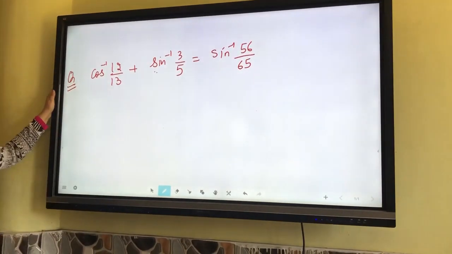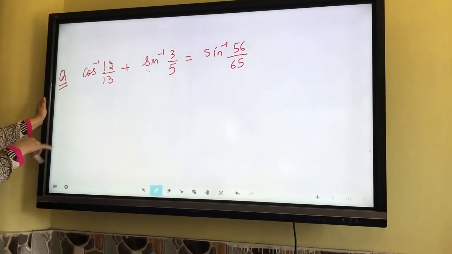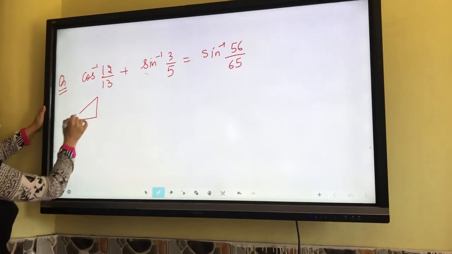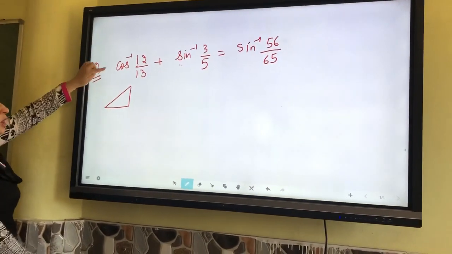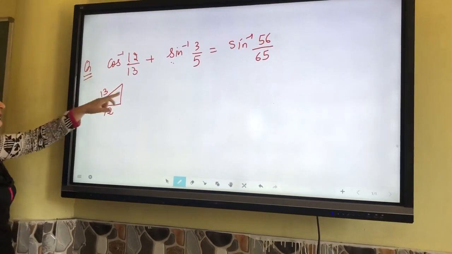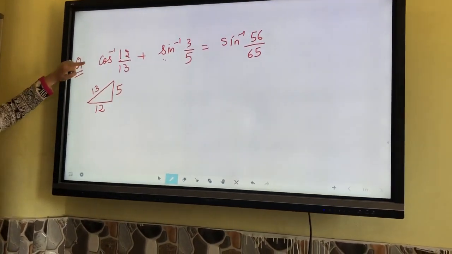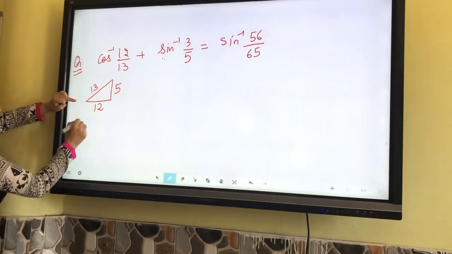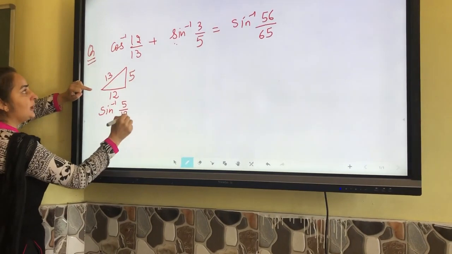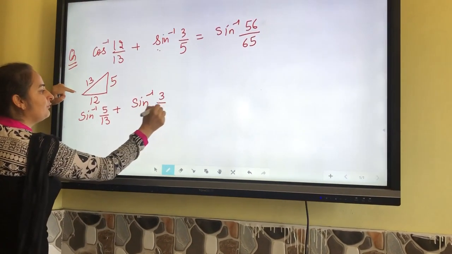Now how will you convert the cos into sine? For converting the cos into the sine, I am taking the right angle triangle and applying the Pythagoras theorem. Cos means base upon hypotenuse, and find the perpendicular, that is 5. Now I am writing cos in the form of sine, like sine inverse 5 upon 13 plus sine inverse 3 upon 5.